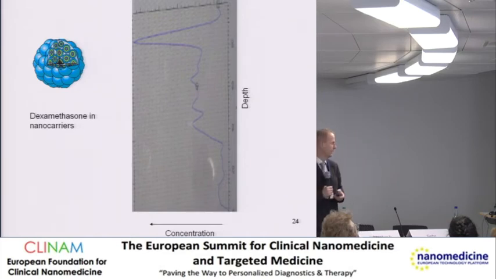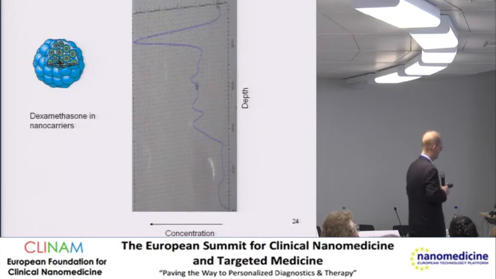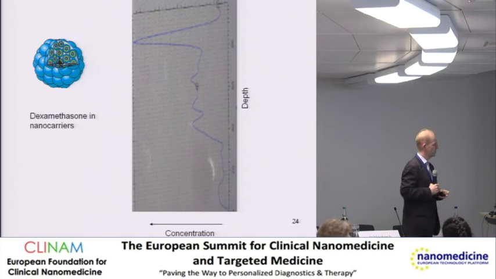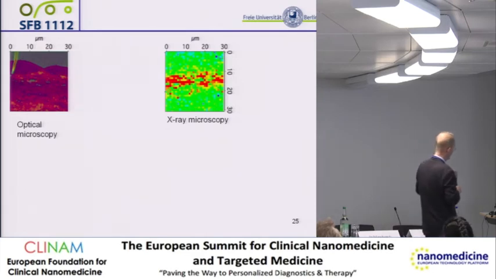Nanocarriers seem to increase the drug concentration in deeper skin layers, but it seems that only here in the epidermis, this here is the basement membrane at this cut, there seems to be a much higher concentration. The other beauty is we can compare cellular details from optical microscopy with X-ray microscopy.